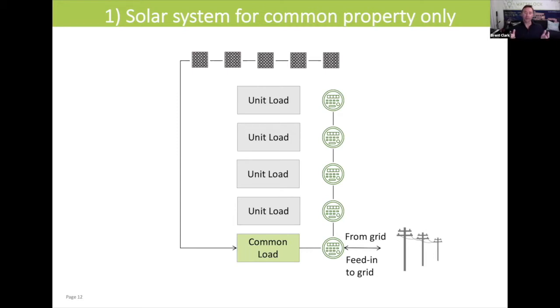So that is actually a bidirectional smart meter that allows electricity to flow in from the grid when there's not enough sunlight or at nighttime, and when there's too much generation, it allows electricity to flow back into the grid, for which the energy retailer will pay some compensation back to the owner's corporation or body corporate, typically 6-10 cents per kilowatt hour, maybe as high as 19 or 20 cents per kilowatt hour.